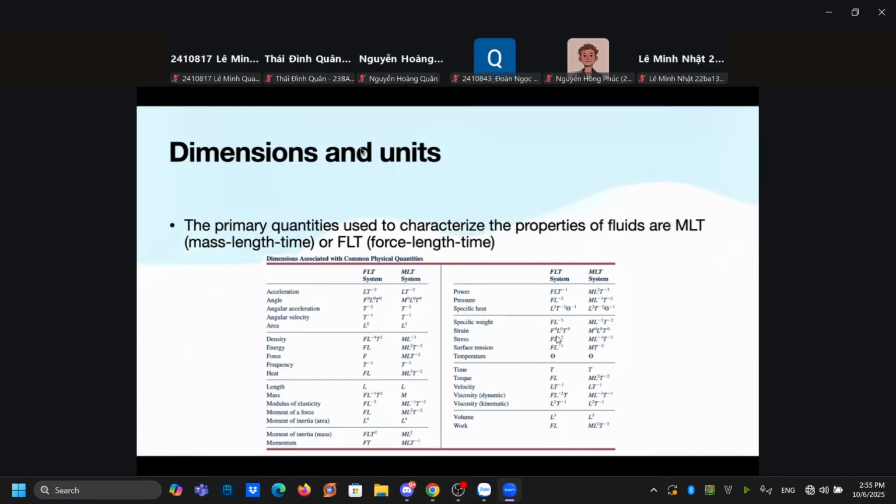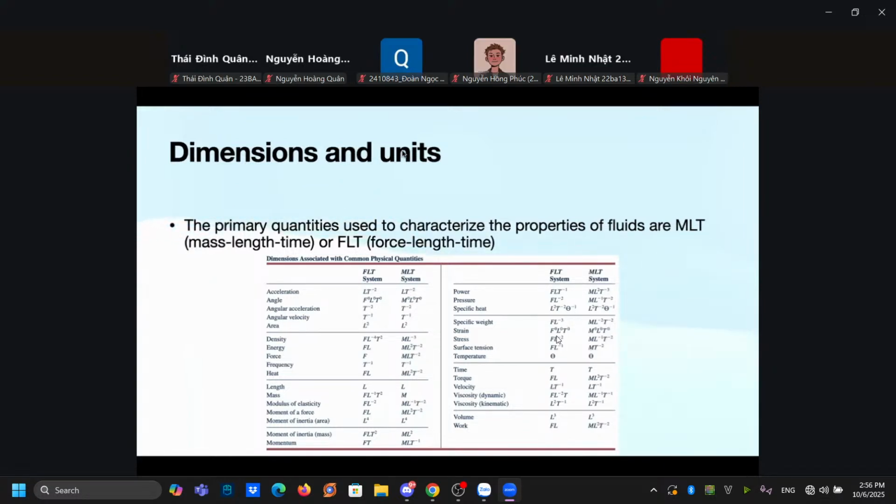For example, for each correct answer, I will give you a bonus point of 0.25 or 0.3, let's say. That's the way I want to encourage you to interact during the lecture.